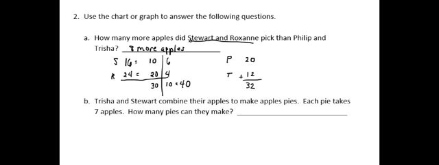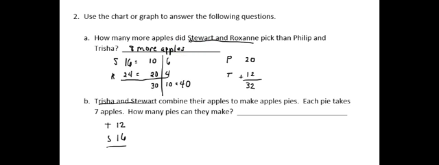The second question says Tricia and Stuart combine their apples to make apple pies. Each pie takes 7 apples. How many pies can they make? So we'll start by figuring out how many total apples we have with Tricia and Stuart. Tricia picked 12 apples. Stuart picked 16.